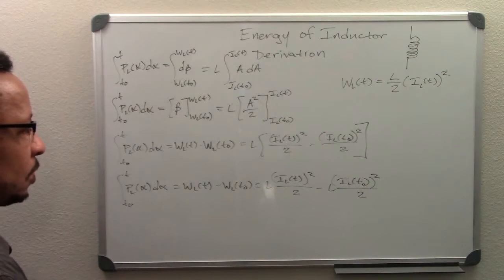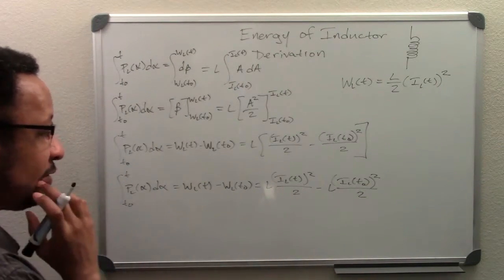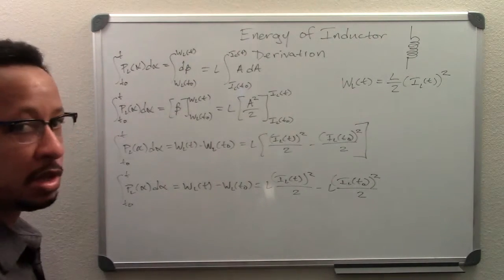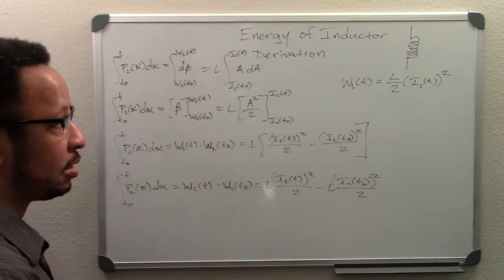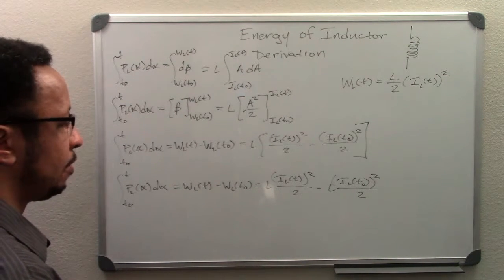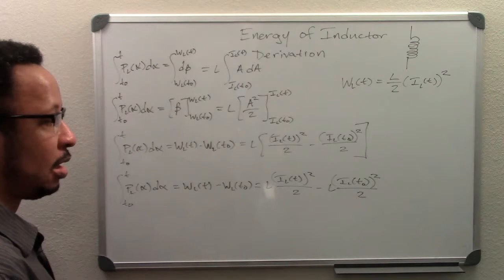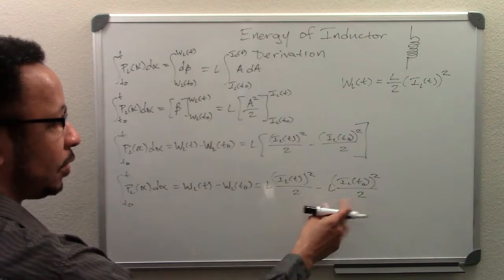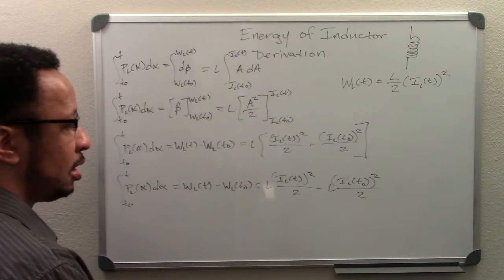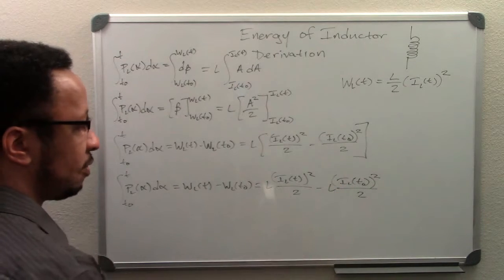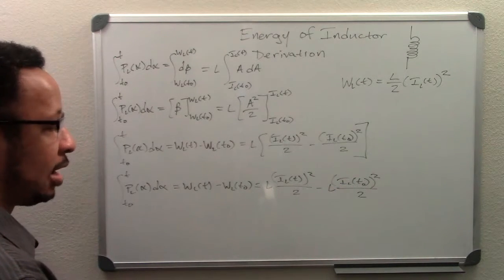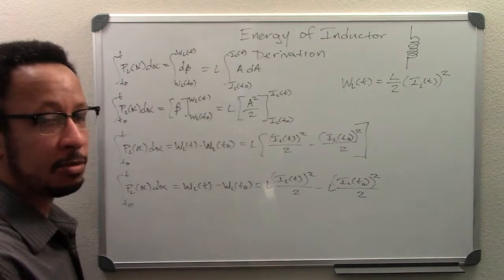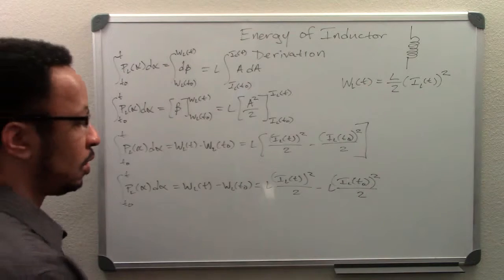Now, W_L(t sub 0) is really the work, the energy of the inductor with time. So if there's an initial condition, then you would include that in your evaluation. But in most cases, usually t sub 0 is 0.